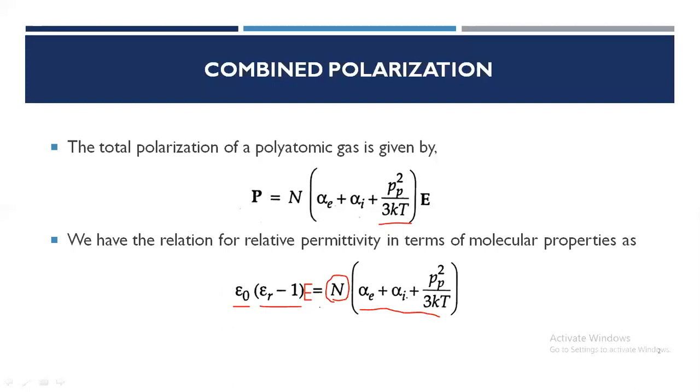This is nothing but total polarization also in terms of permittivity, which includes the relative permittivity and permittivity of vacuum or free space. And if we write the right hand side also multiplied with E, we show the total polarization as we saw in this equation. Just by equating these equations, we get the relation of polarization with relative permittivity.